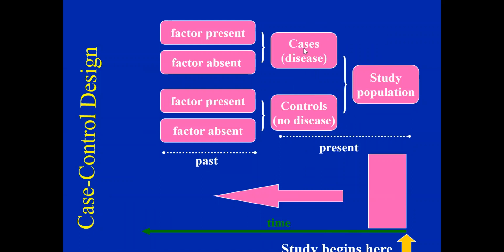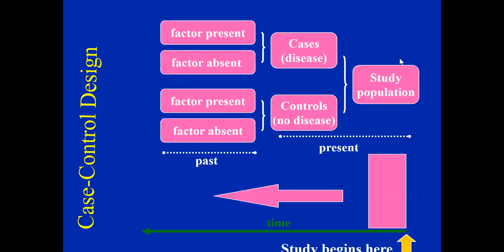Our cases are those with disease, our controls, those without disease. We then look backwards by asking them or by taking history in the past to see if they had the factor, which is the same as exposure. The exposure or factor is either present or absent. So that's how we do this.